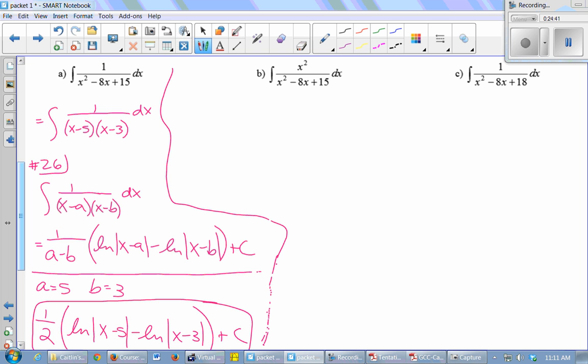So there's nothing in the table that looks exactly like it, right? Do you guys remember polynomial long division from college algebra or maybe pre-calc? Vaguely. If you kind of remember it, that's good enough. I'll just remind you how to do it.